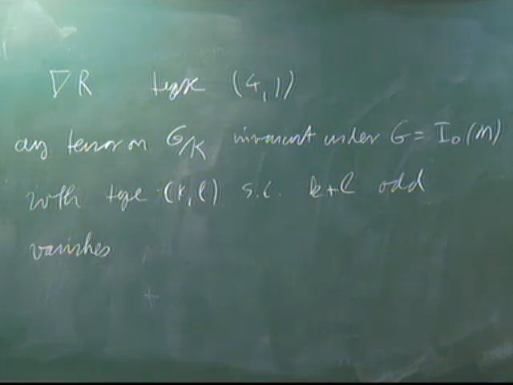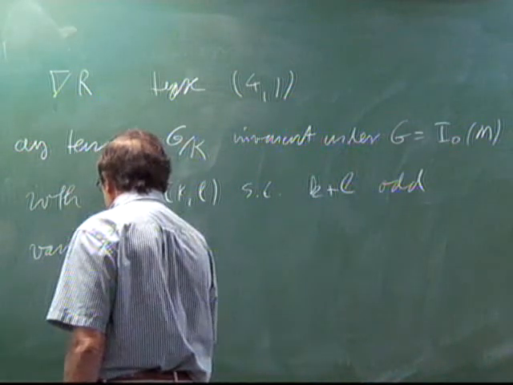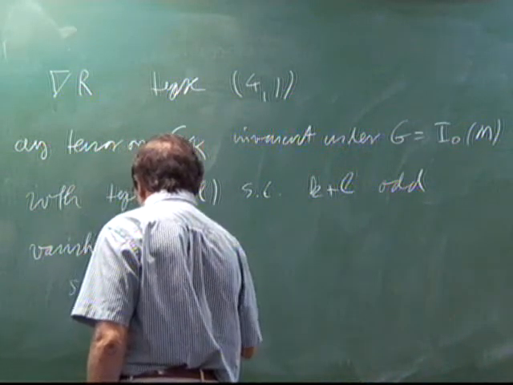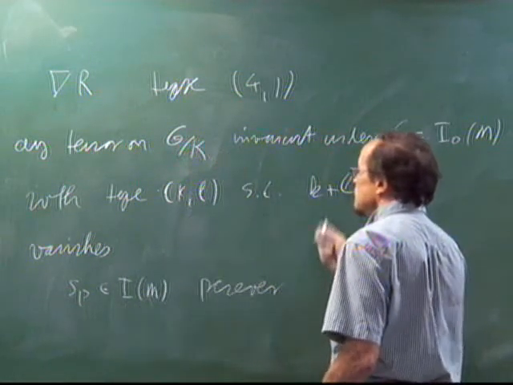And what's the argument? I want to use it as a symmetric space, right? How do I use the symmetric space? I have a symmetry. So s_p is a symmetry, and therefore it preserves the tensor.